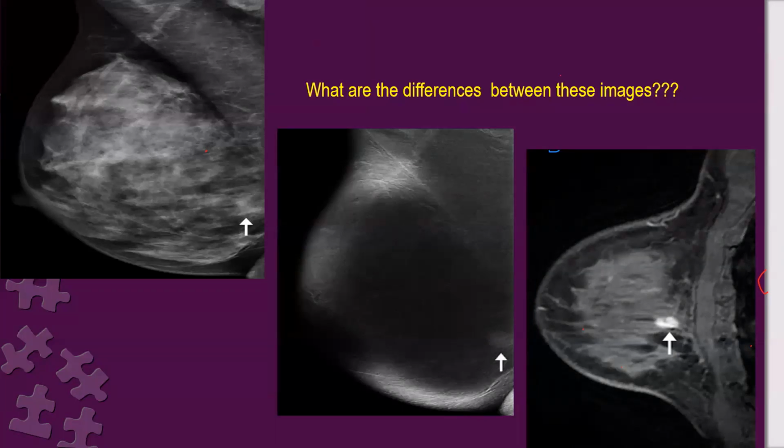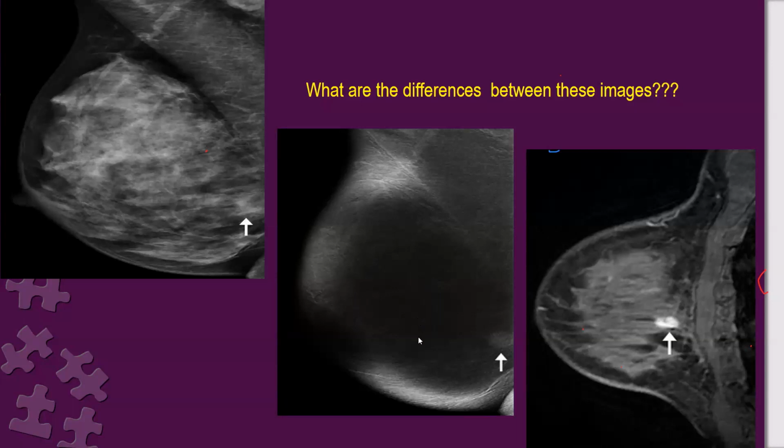Let us go a little bit quicker because we still have a lot. What is this? There is an arrow. The last one is MRI. This sagittal MRI demonstrates an enhancing mass, a heterogeneously enhancing mass, and this one is subtraction, where you cannot see the parenchyma.